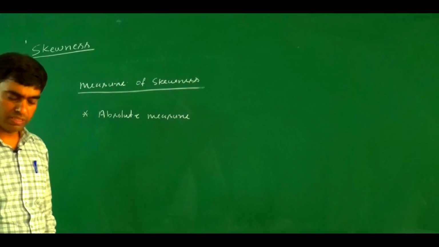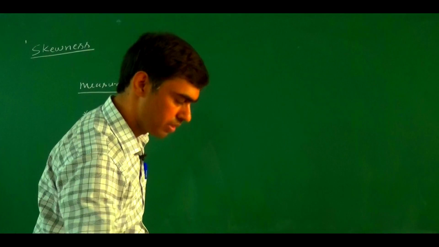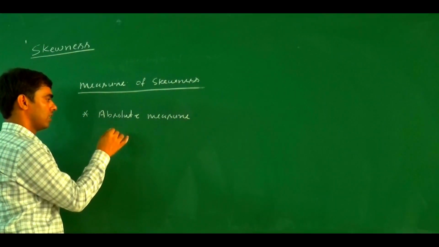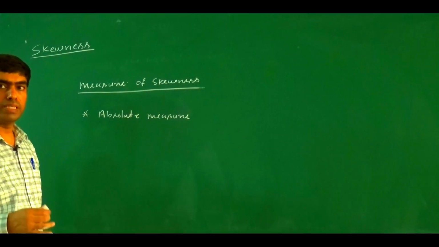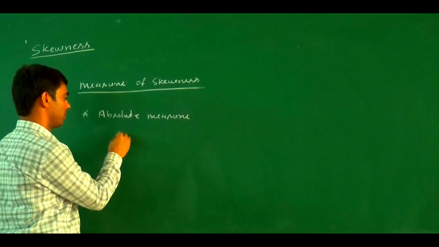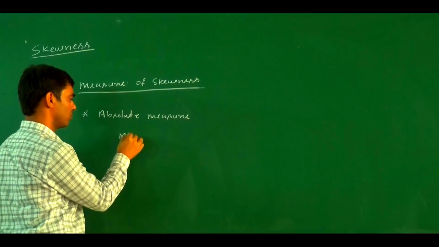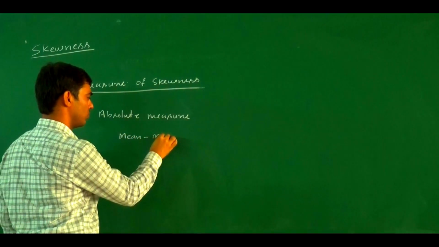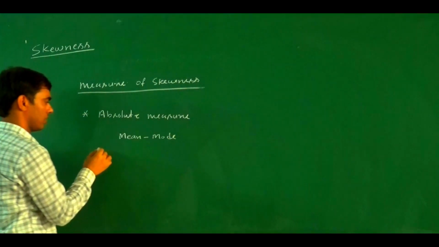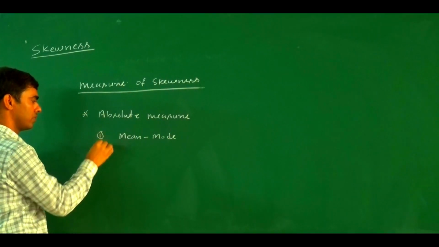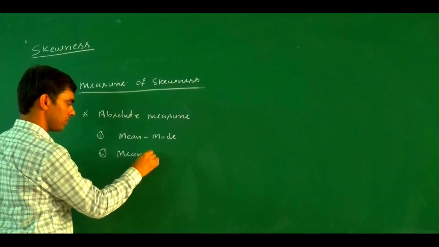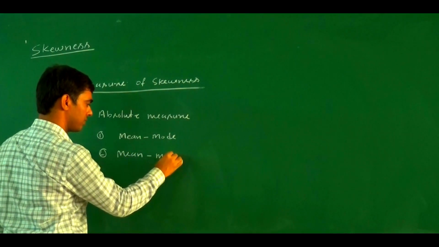So absolute measure is a what? In terms of mean and median, the first one is mean minus mode, and the second one is mean minus median.